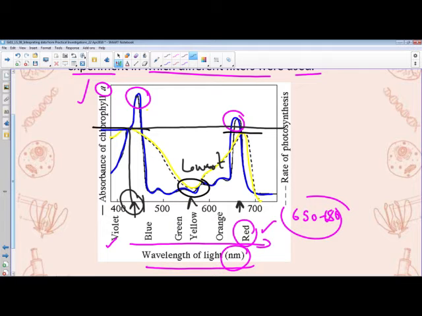So here on this graph, if I were to quickly illustrate this area and highlight it, it is in this area that the absorption of light is the greatest, and it is between both violet and blue that the absorption of light is the greatest by chlorophyll A. Cool.